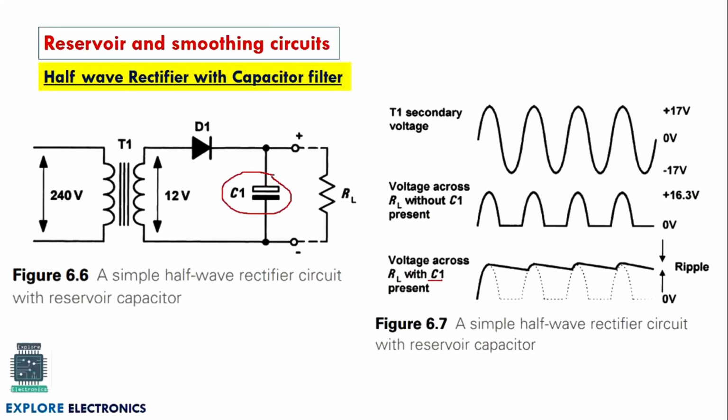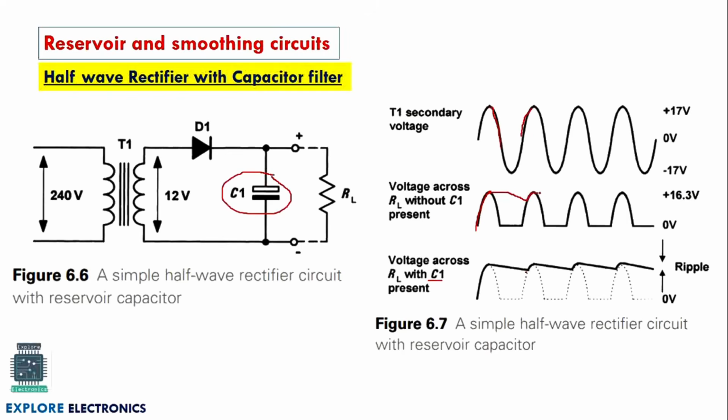This capacitor is initially charged up to here, and when the voltage reduces, the capacitor holds the charge and starts discharging as time goes. By that time it gets the next positive value, so again it is charged to the next peak value.